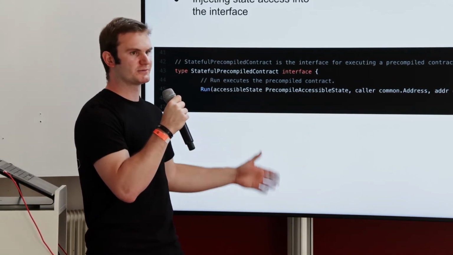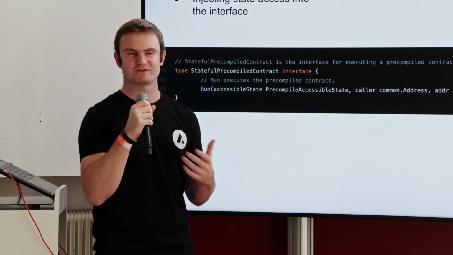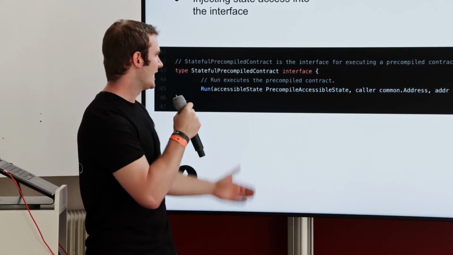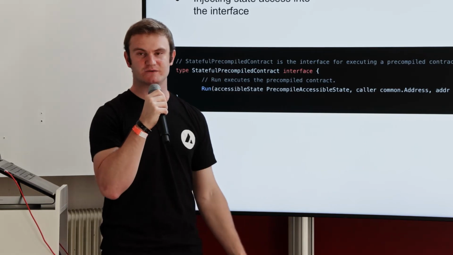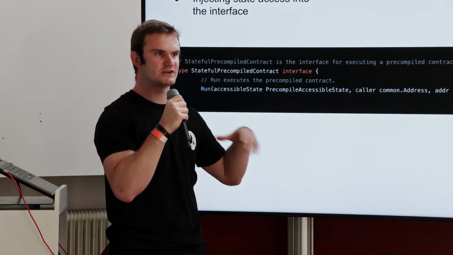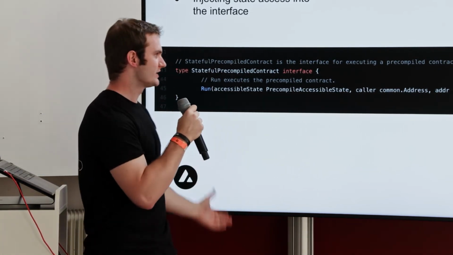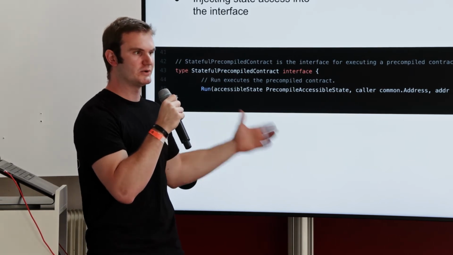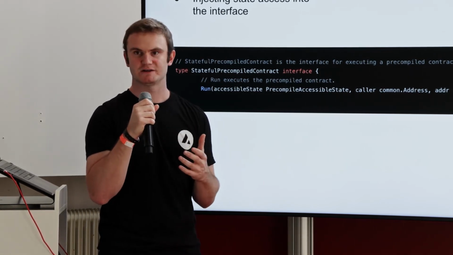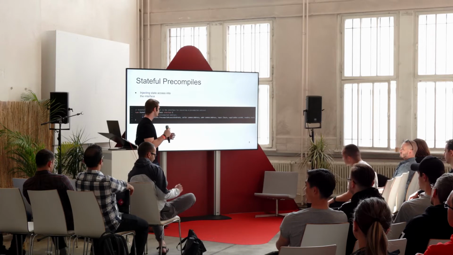And once you have all of this information, you essentially have all the information that could be available in the EVM. And via this precompile accessible state interface, you can actually add in additional things that you might want to give it access to in the future. So this interface is really defined to give developers the dexterity to do literally whatever they want.